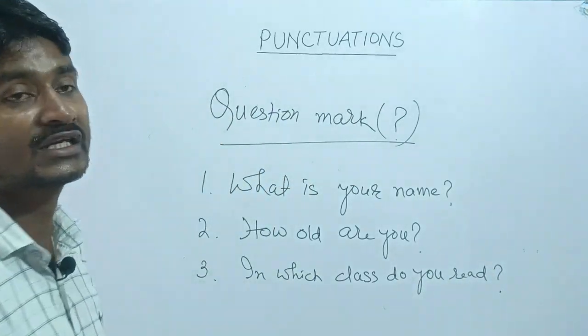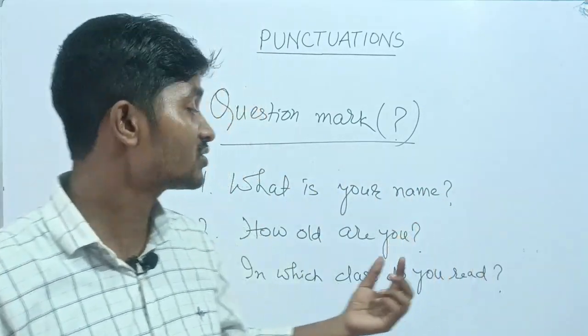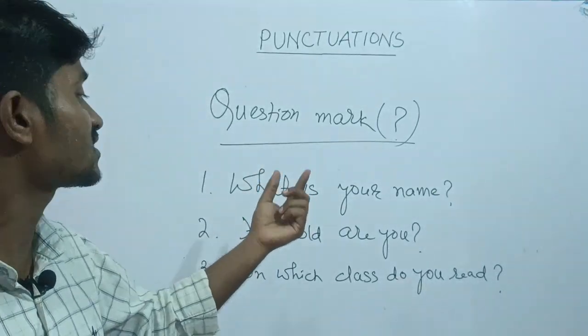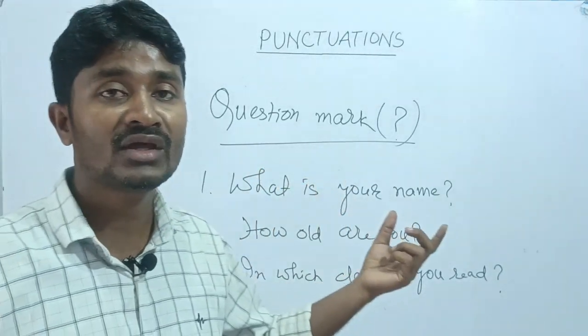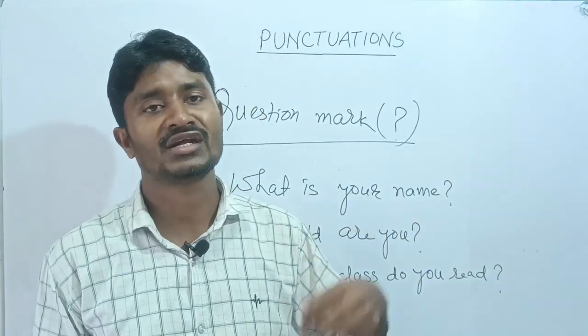Here you can see three sentences, and every sentence ends with a question mark, because each sentence asks something and wants to know something. That is why we use a question mark at the end of the sentence.